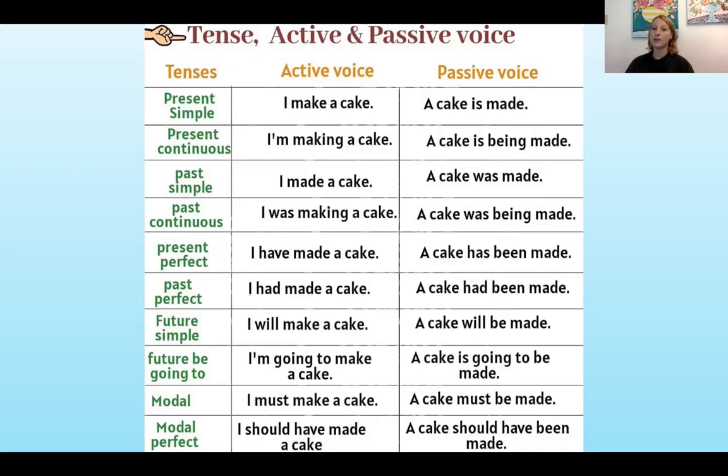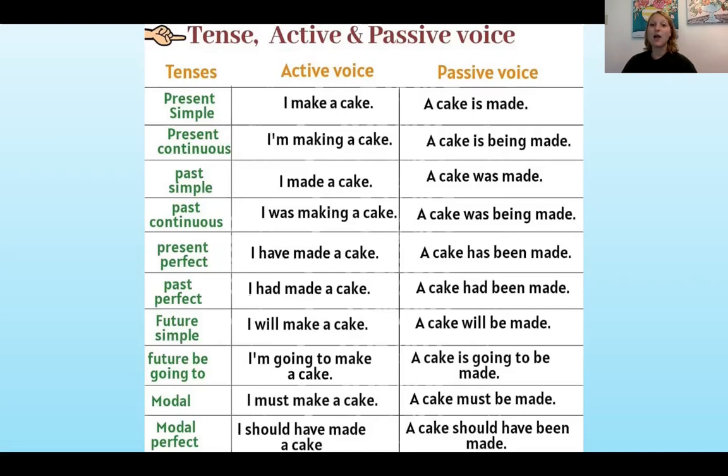You have a helping verb along with an action verb. It's also in present simple because is being used as the present verb, as opposed to active voice, when make is the verb used in the present tense. One thing that we have in our active voice that we don't have in our passive voice is a human subject.